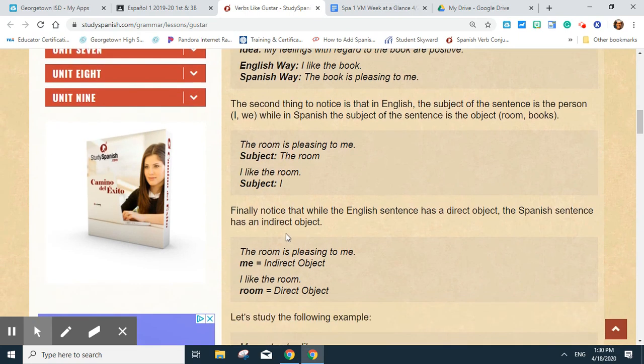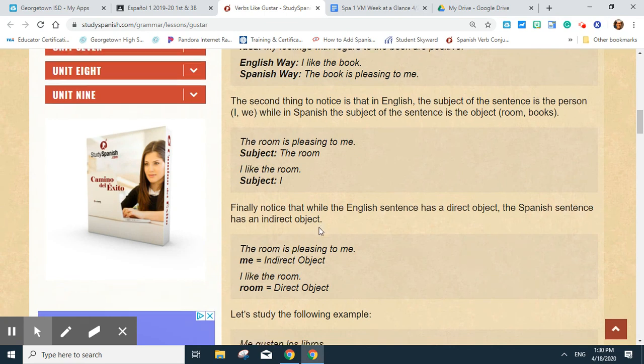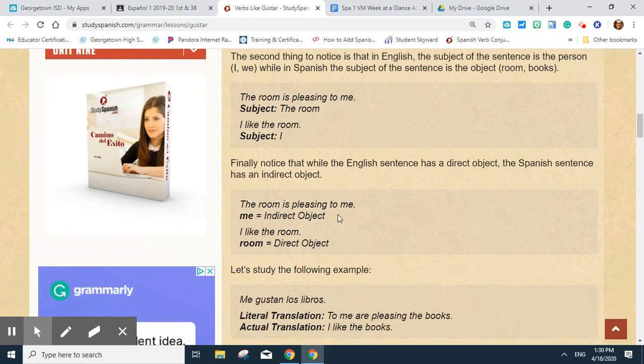I. Finally, notice that while the English sentence has a direct object, the Spanish sentence has an indirect object. The room is pleasing to me. Me is the indirect object. I like the room. The room is the direct object.